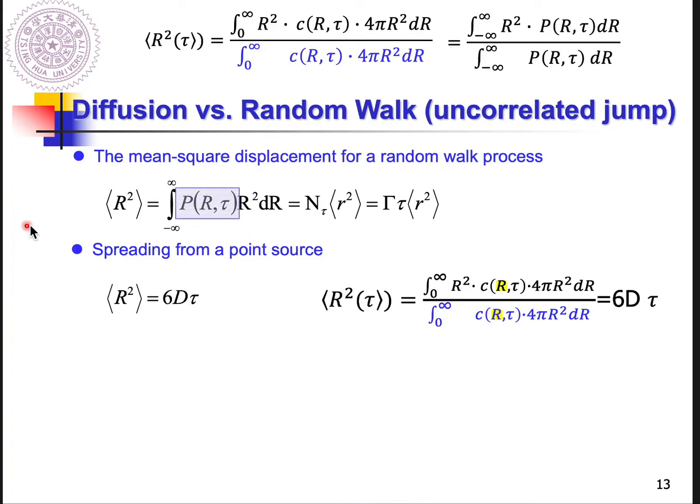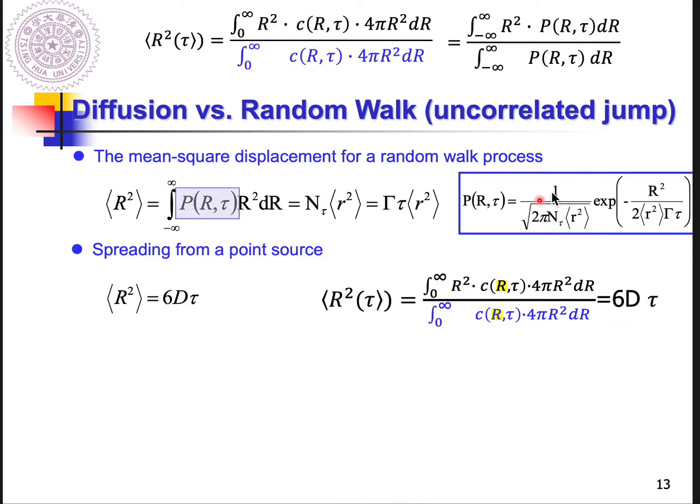Then as long as you know the probability, you substitute this result here, and you get the mean square displacement equal to n tau, the total number of jumps of the diffusing atoms, times the mean square jump distance. And n tau can be expressed as gamma, the atomic jump rate, times the diffusion time period tau.